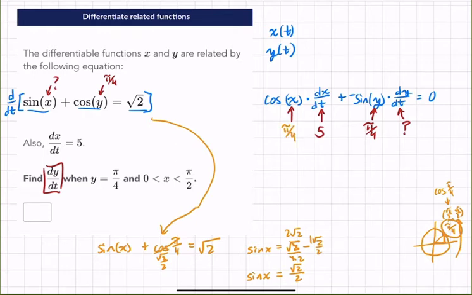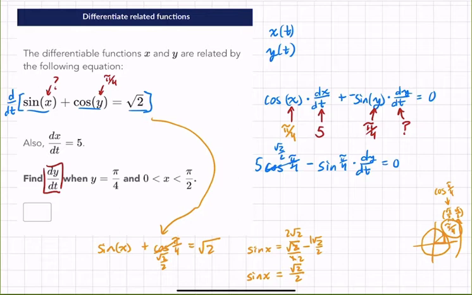We got all our variables except for the one that we're asked to find, so let's find it now. We get cosine of pi over 4, and it's multiplying times 5. And then we have sine of pi over 4, and that's multiplying times dy dt, and that's what we're looking for. So let's go ahead and change this cosine of pi over 4 to rad 2 over 2. We have to multiply it times 5 and then subtract.